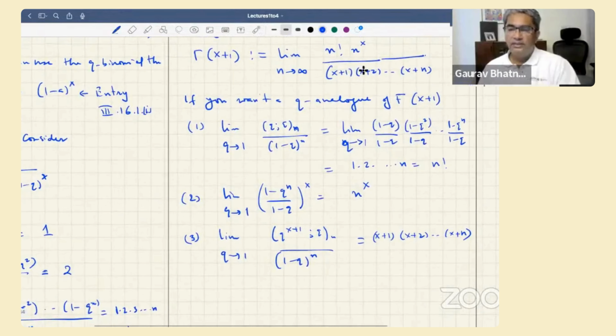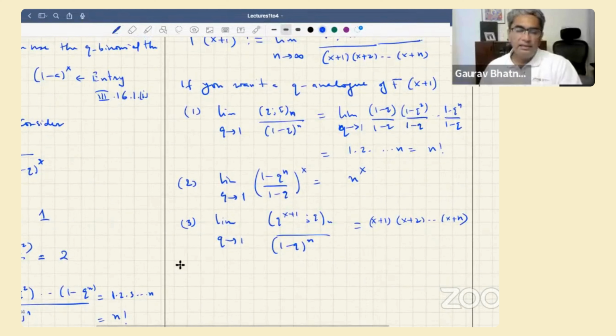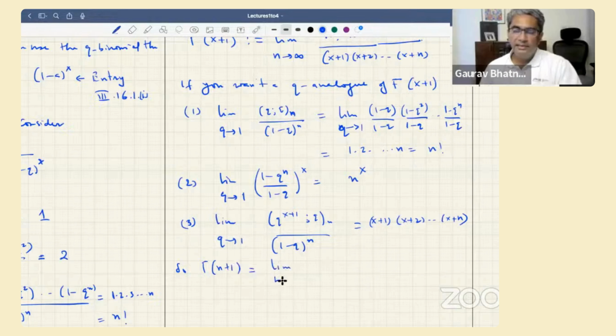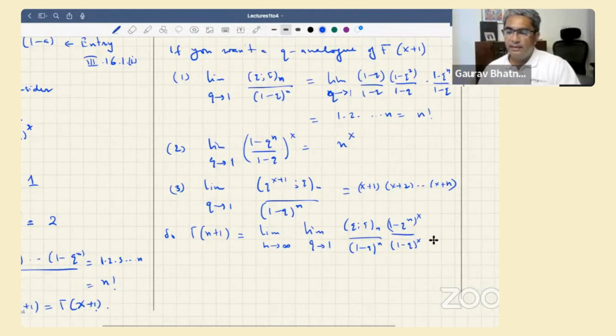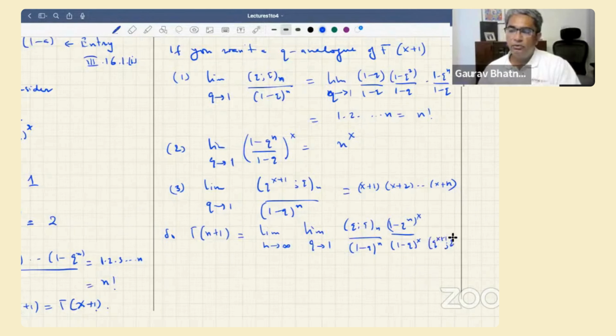Putting all these three things together, gamma of x plus 1 would be the limit as n goes to infinity, limit as q goes to 1 of (q; q)_n divided by 1 minus q raised to n, then 1 minus q raised to n, raised to x, so 1 minus q raised to x. Then in the denominator, you will get (q^(x+1); q)_n over 1 minus q raised to n. So this cancels.